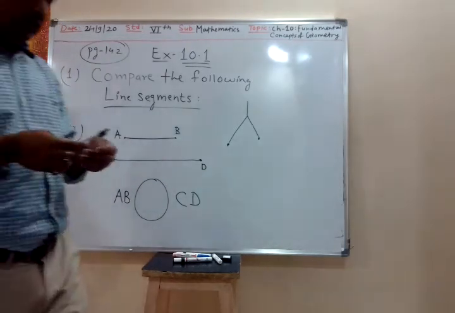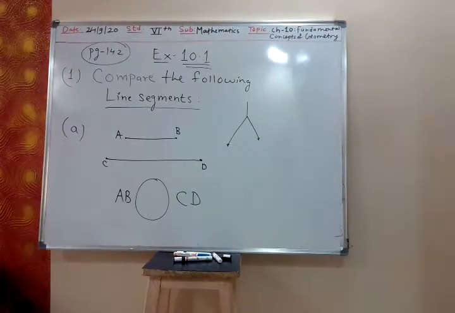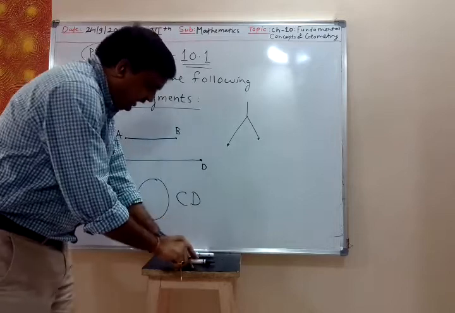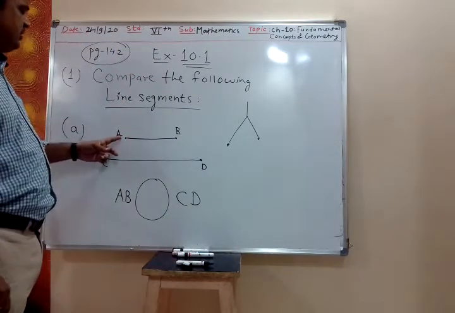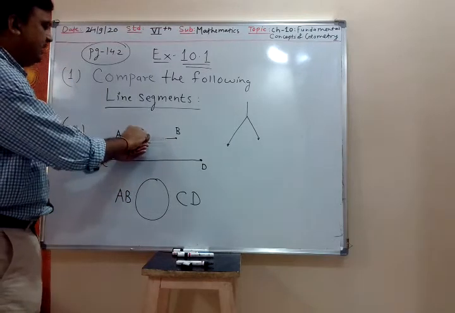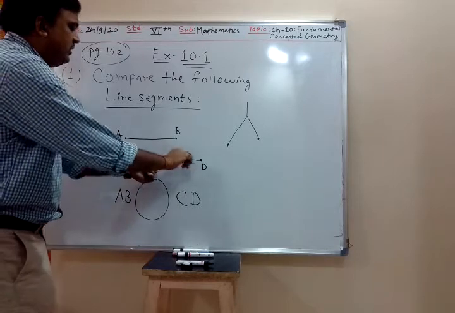Draw another line. You have to draw this line segment with the help of a scale. Take out the scale. Draw one line segment AB. Take out the scale and draw.